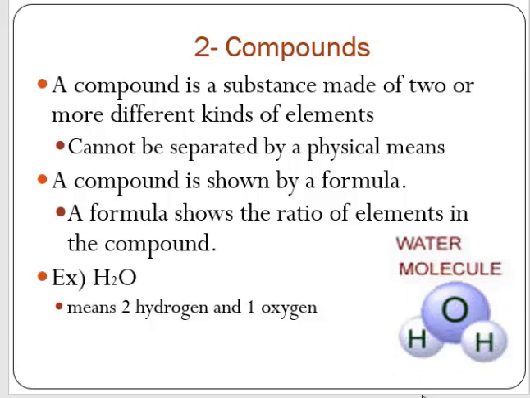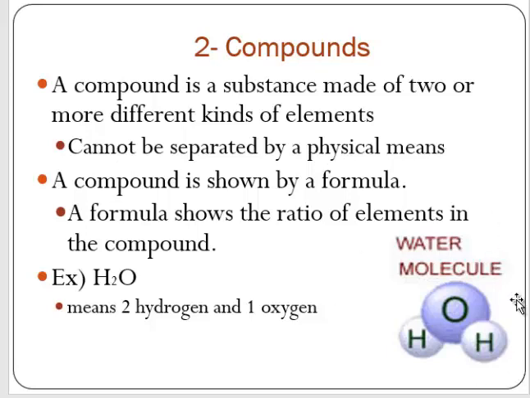We got one molecule of water, which has two atoms of hydrogen bound to one atom of oxygen, and this right here cannot be separated by any physical means. You'd have to use some sort of chemical means to separate this. That's what makes this a compound. So it's made up of two or more different types of elements that cannot be separated by a physical means.